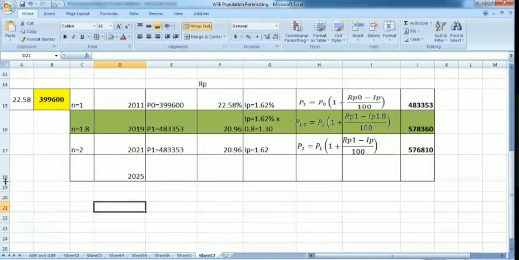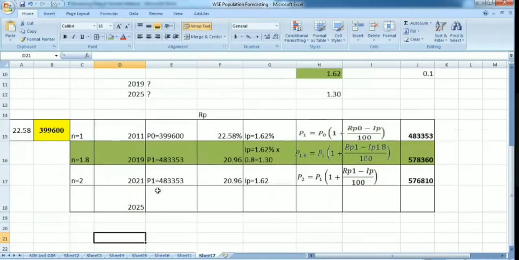Now, why have I calculated the 2021 population? Because 2025 comes after 2021, and again I have to have the previous decadal population here.